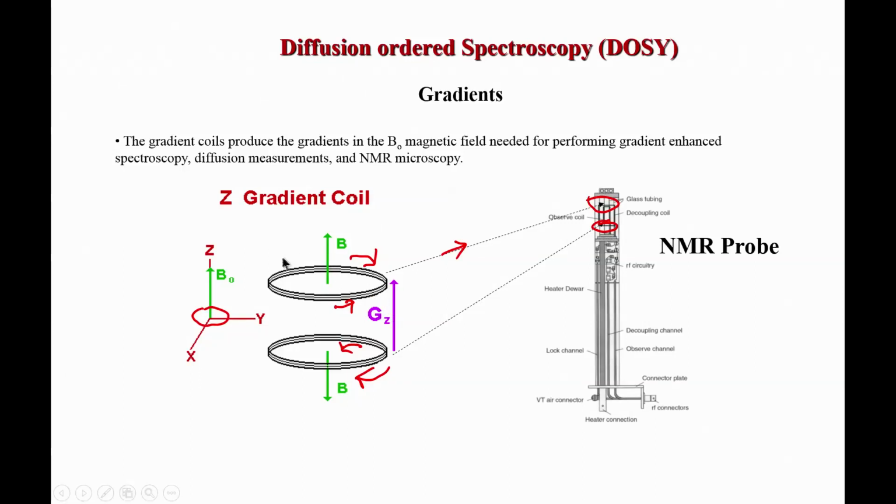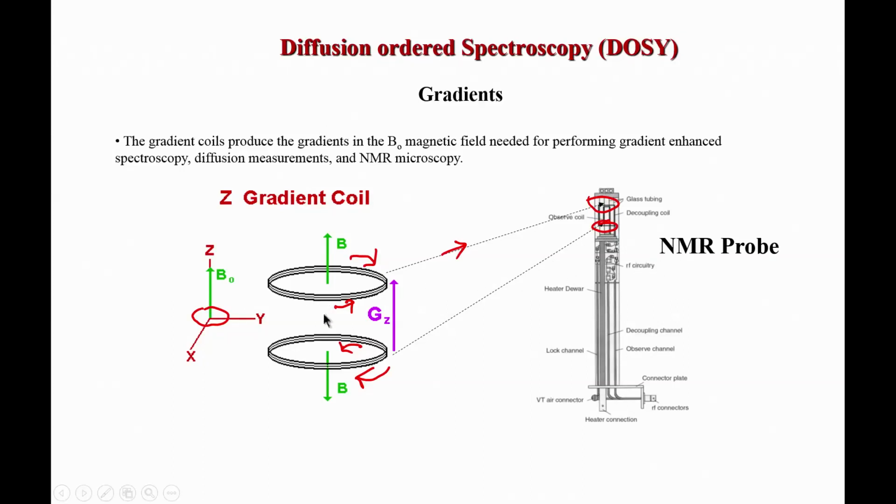So, now let us see what is the effect of this on the sample. What happens when you apply a gradient current in a coil like this, and what happens to the sample. Now, one thing is these gradient coils are nowadays standard in all NMR spectrometers, but in the olden days, 20-30 years ago, these gradient coils were not there in the probe.